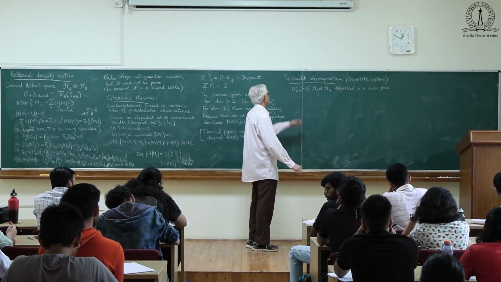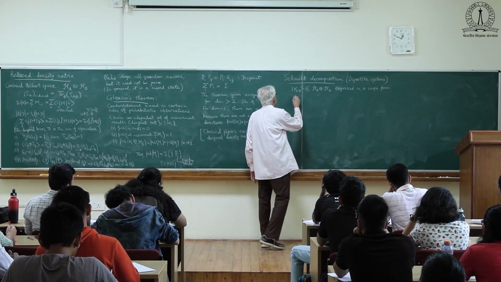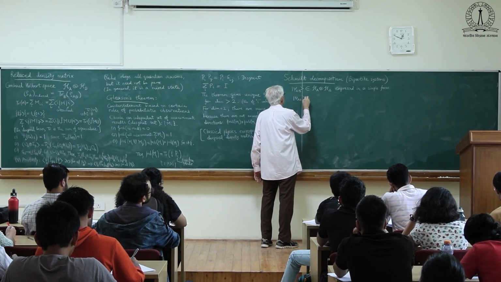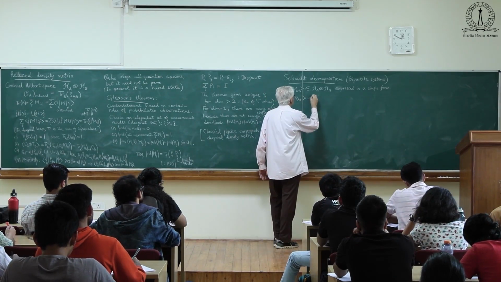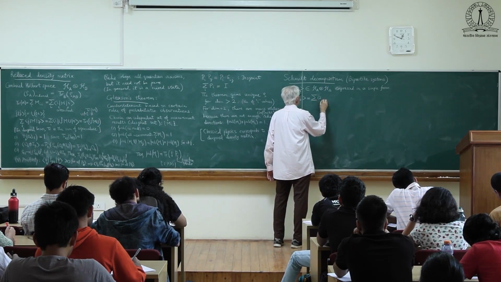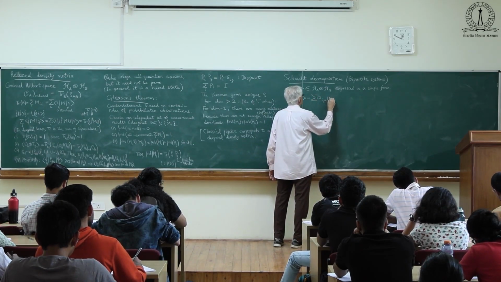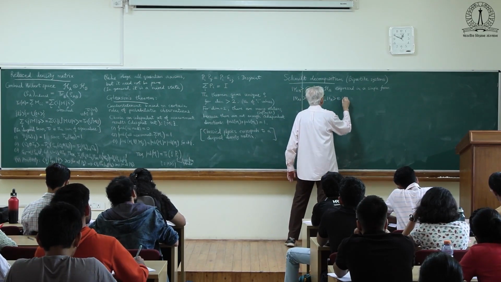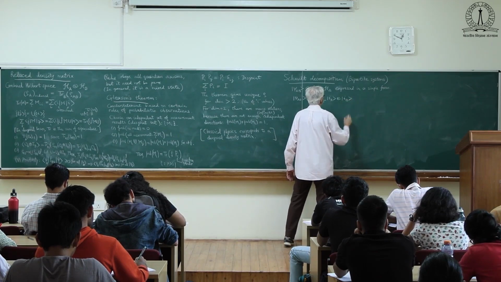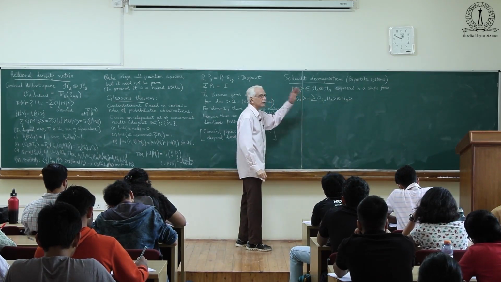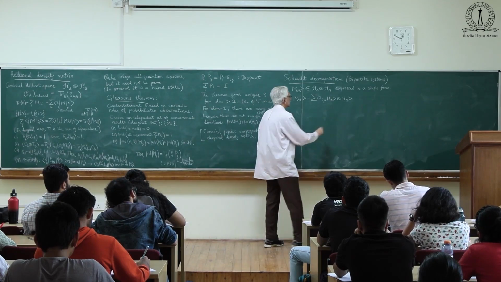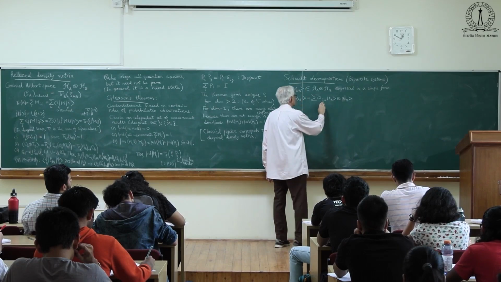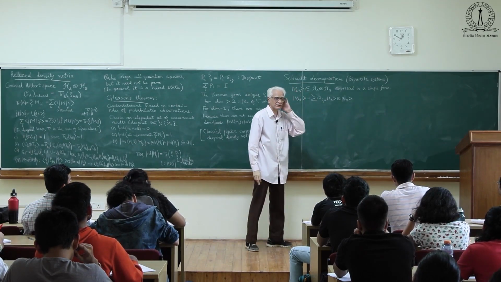So I start with some general state, okay? And I can always write it in this form. Well, let me put these indices explicitly. So one of them is a Roman letter, the other one is a Greek letter.